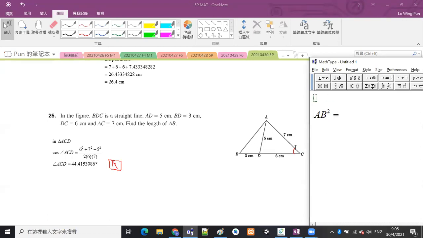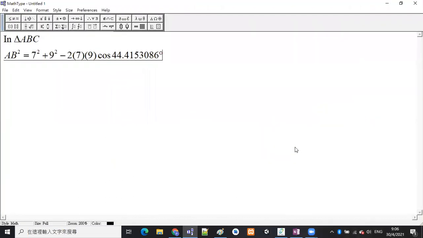In triangle ABC, AB squared is equal to 7 squared plus 9 squared minus 2 times 7 times 9 times cosine of that angle, 44.4153086 degrees. Then AB will be equal to, on the calculator, 7 squared plus 9 squared minus 2 times 7 times 9 times cosine memory A, and then take the square root. It should be 6.32 something.